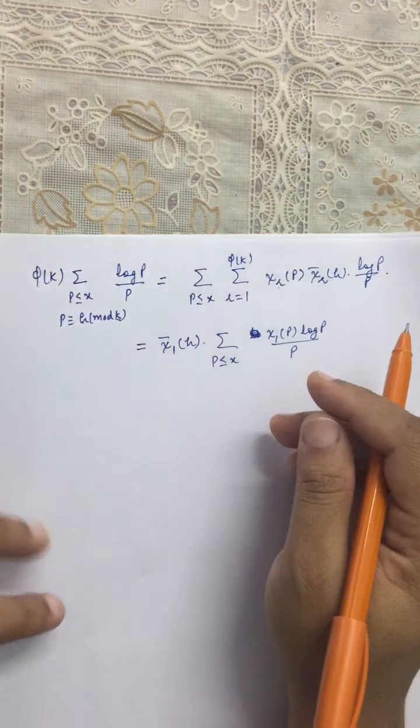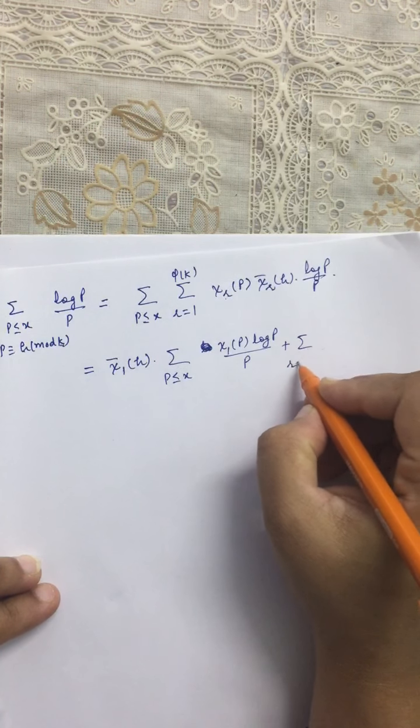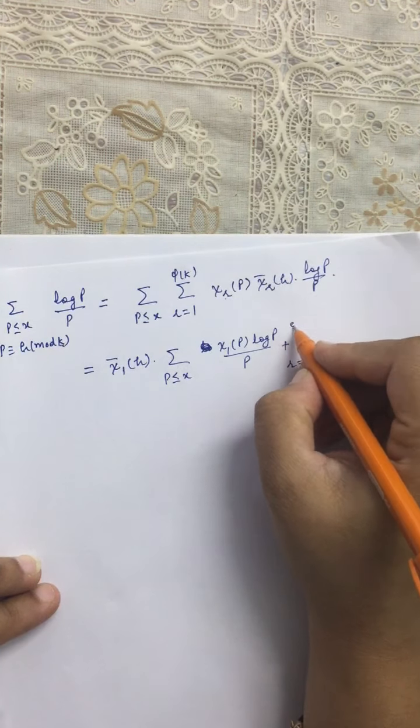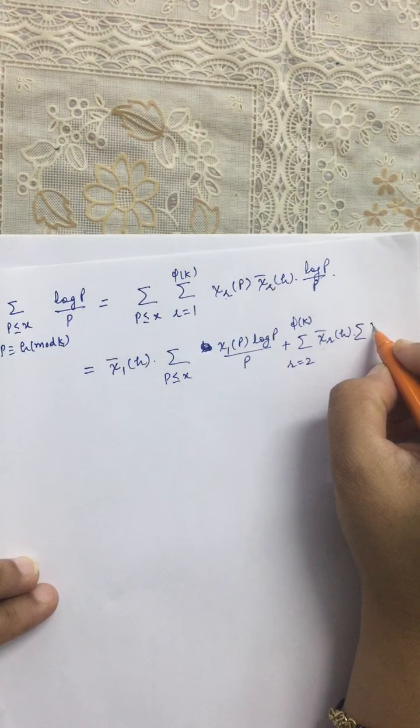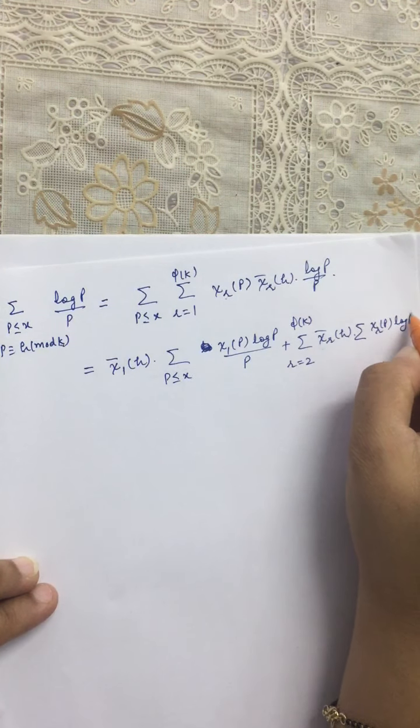Then the rest of the term is summation r varying from 2 to phi k, chi r bar h into summation chi r p log p upon p over the primes less than equals to x.